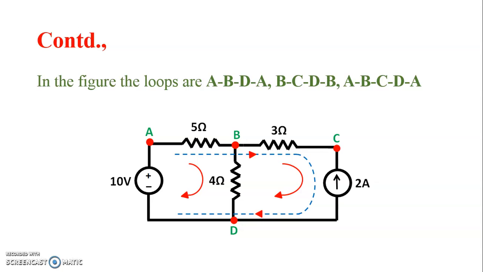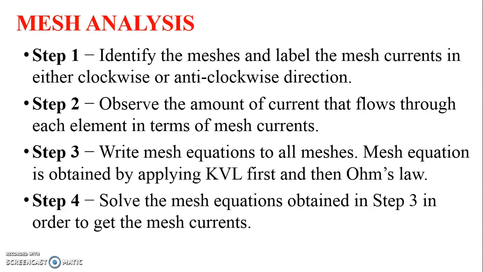So now we are going to see the mesh analysis: what are the steps in mesh analysis and one example. These are the steps we follow. Step 1, identify the meshes and label the mesh currents in either clockwise or anti-clockwise direction.